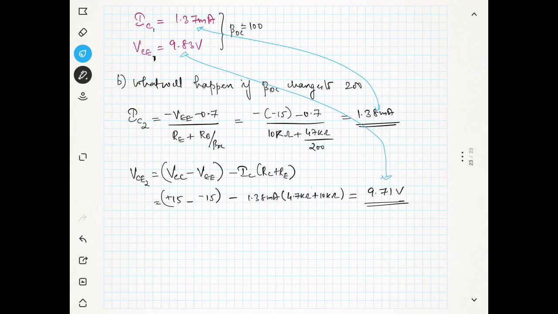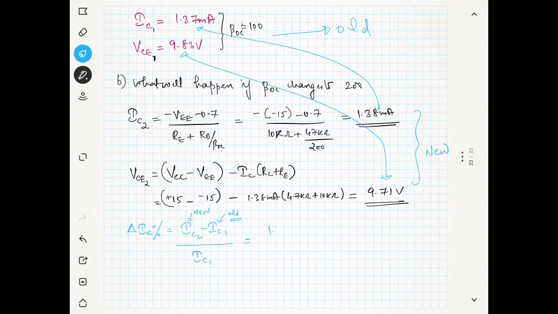Now we will calculate the percentage change in IC. The percentage change in IC can be obtained by IC2 minus IC1. This is the new one and this is the old one, right? Old means beta equal to 100. Divided by IC1.